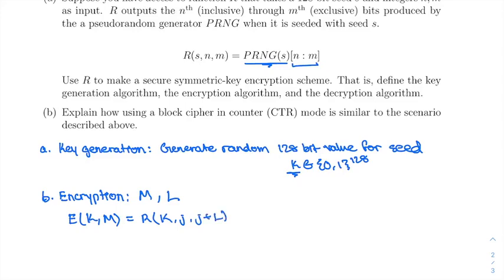So if we have a message of length L, and if we want to encode the message M, which has bits indexed from 0 all the way to L, then all we have to do is generate a random value from K, and then grab the corresponding number of bits from this generated value, matching the length of the message that we're trying to encode.